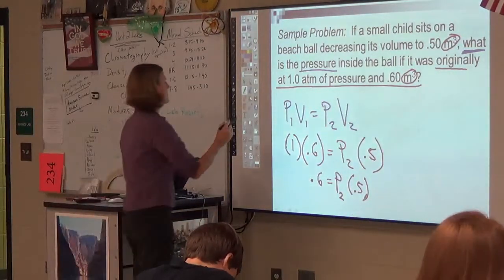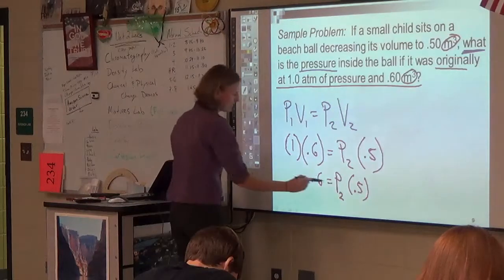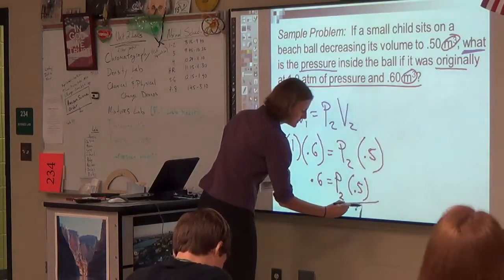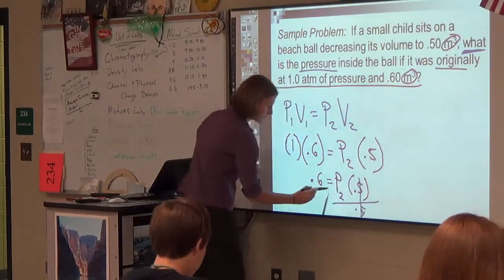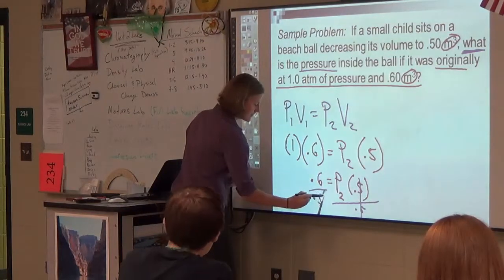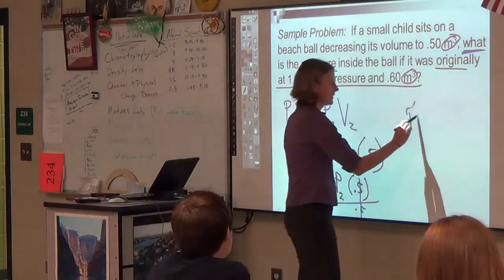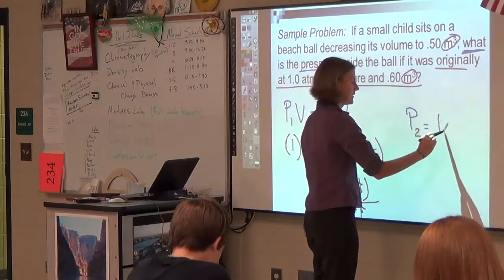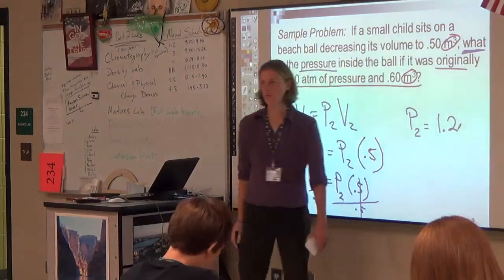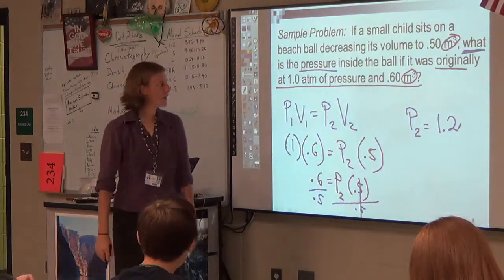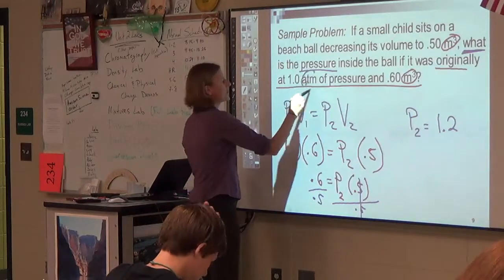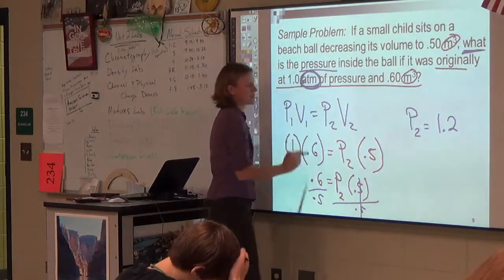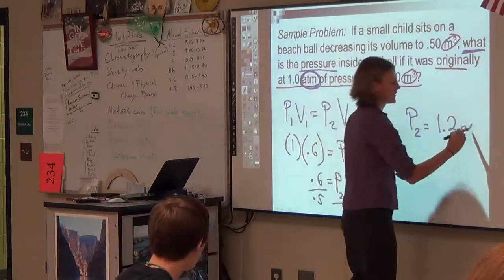And our last step would be to divide by 0.5. And then 1.2 what? Yeah, you've got to look at the unit you started with for pressure. So it should be 1.2 atmospheres, ATM.